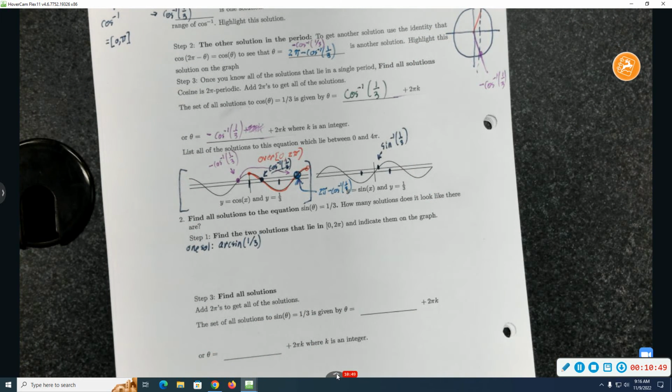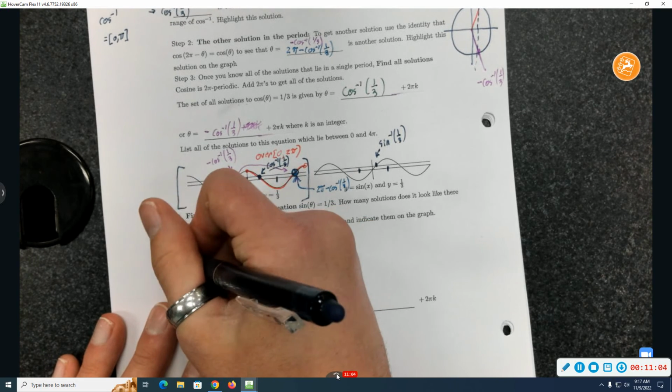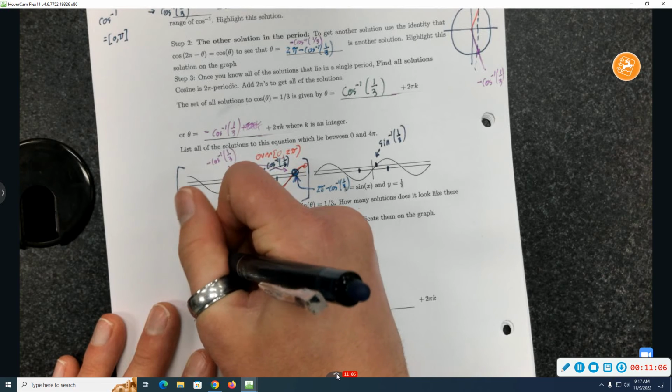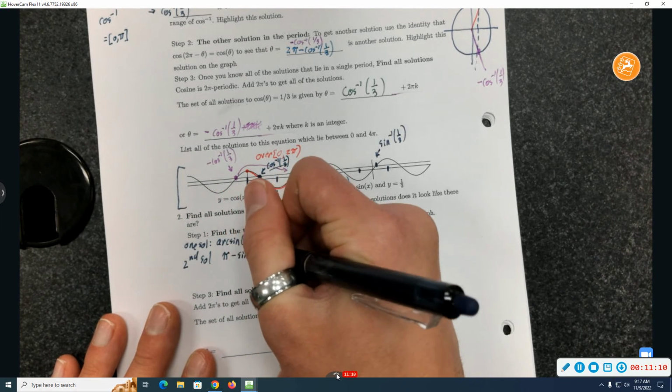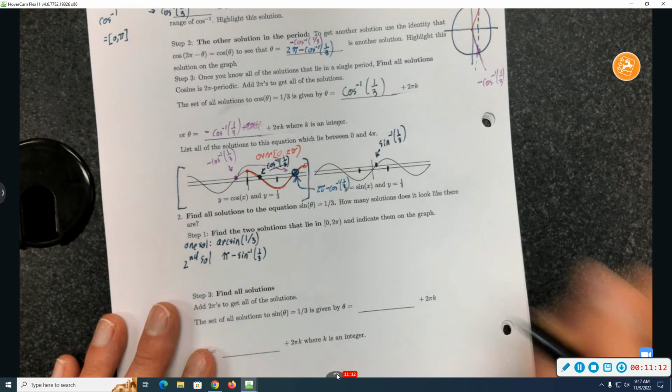All right, well, the next thing to do is find a second solution that lives within a single period of sine. Yeah? Pi minus inverse sine 1/3. Yeah, so let's write that down. Second solution, pi minus sine inverse of 1 over 3.